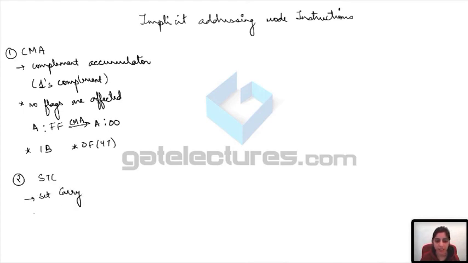Set carry means after execution of this instruction, the carry flag is going to become 1. Remaining flags are unaffected. No other flag is going to be affected. Only the carry flag is going to be set. Again 1 byte and 4 states.